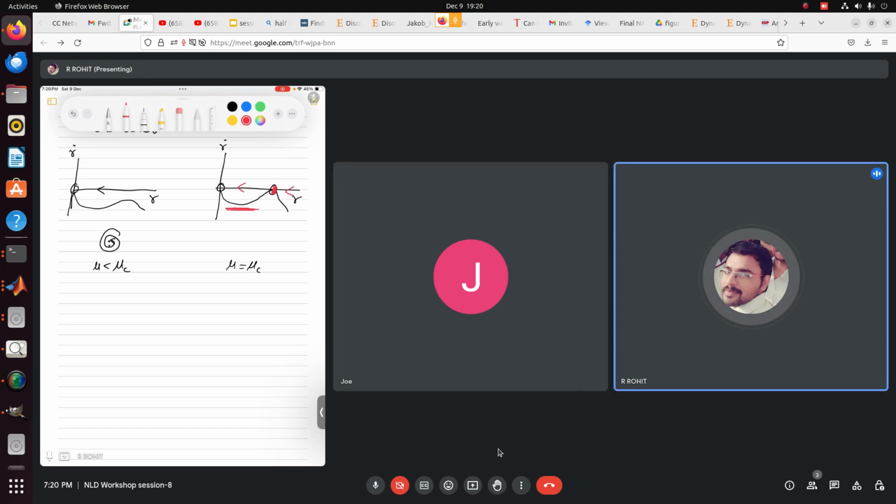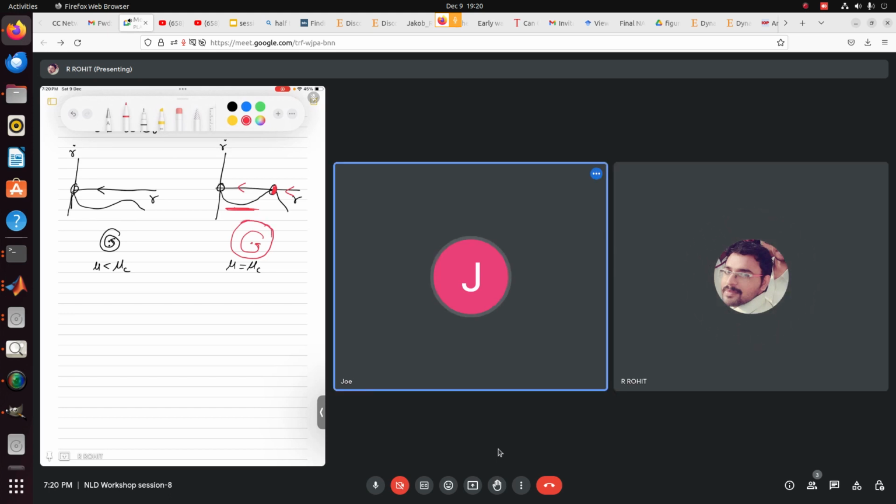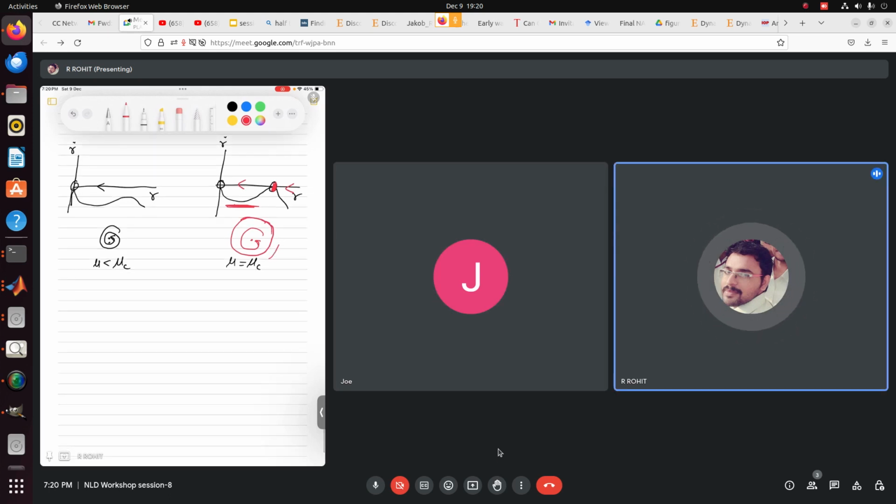So where you had a fixed point, curves come towards it, and now a stable limit cycle has emerged. Anything outside will come towards this limit cycle oscillation.